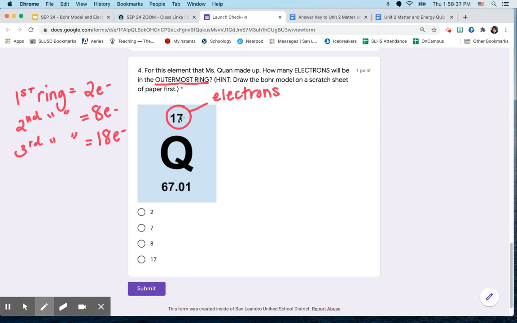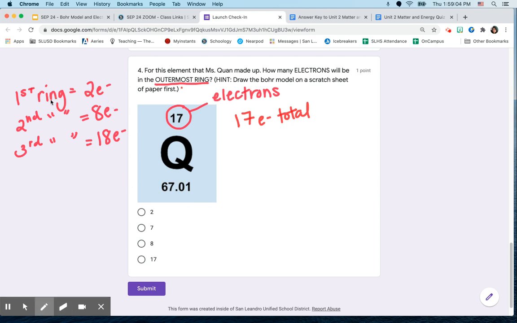So if I need to draw 17 electrons, I need to figure out how I know how many will be on the outermost ring. So let's start with drawing the first set of electrons. A reminder that I need to draw 17 electrons, which I'm going to write as E minus total, just to start.